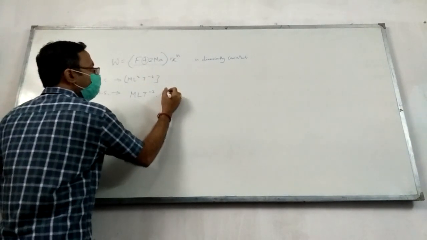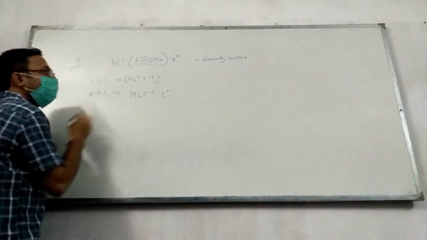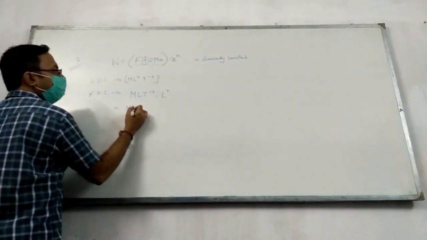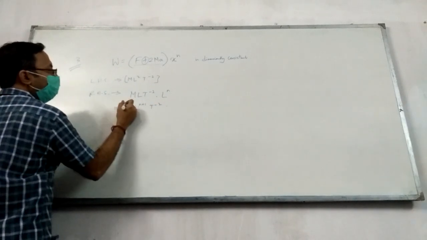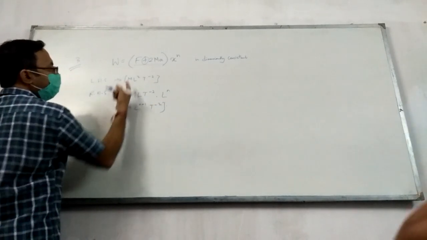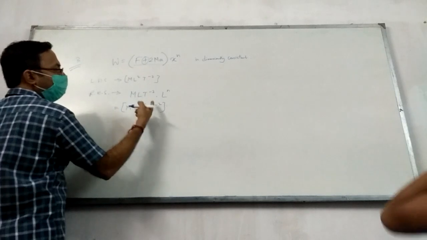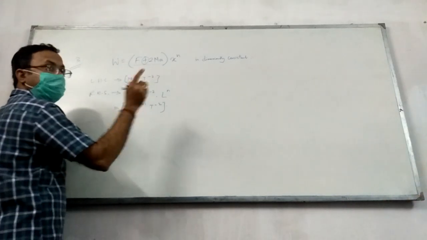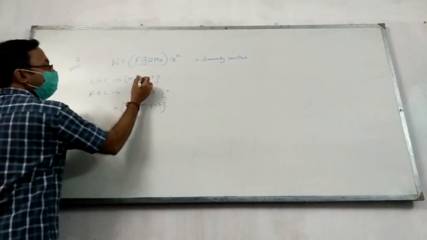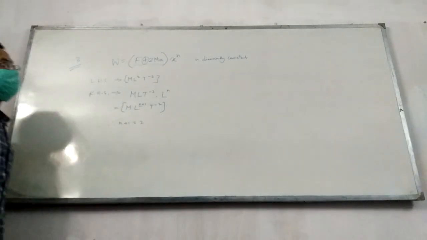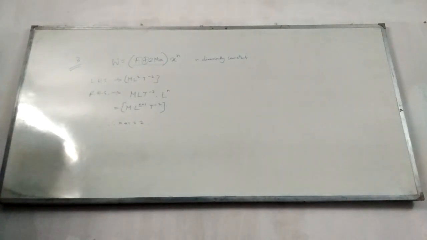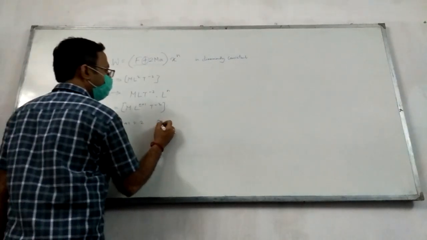So that is L to the power n. Now if you simplify this, it will be M L to the power n plus 1 to the power minus 2. Now if you go for the LHS and RHS, see M is M, power same, no problem. To the power minus 2, to the power minus 2 same, no problem. Then n plus 1 has to be equal to how much? Since it is dimensionally consistent, given. So n equal to 1.